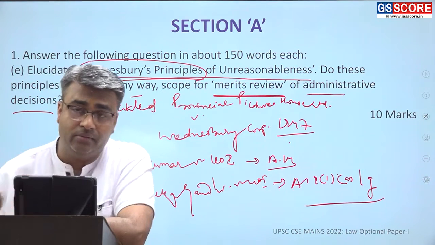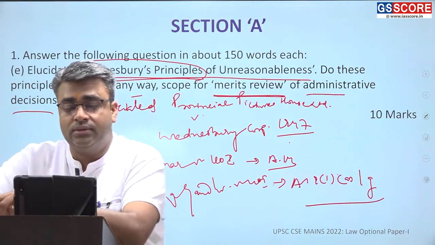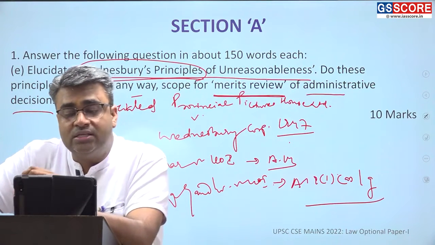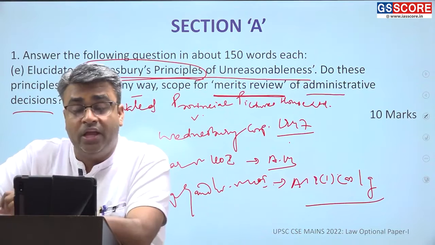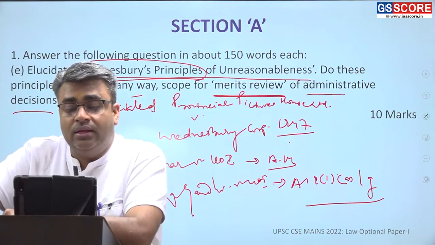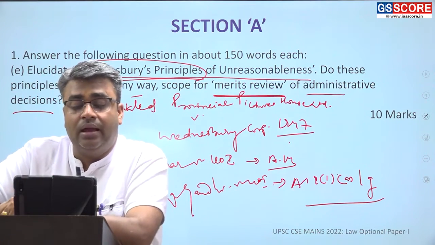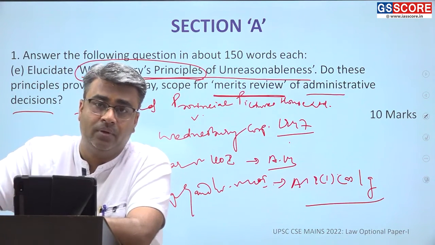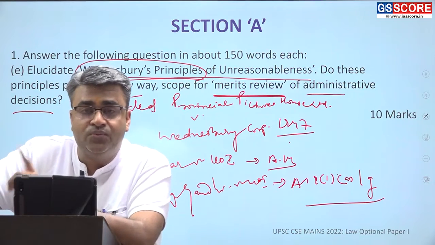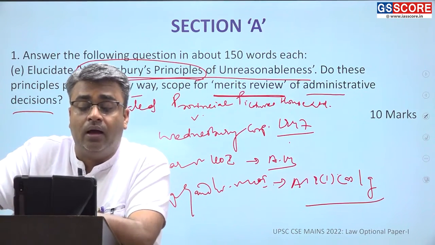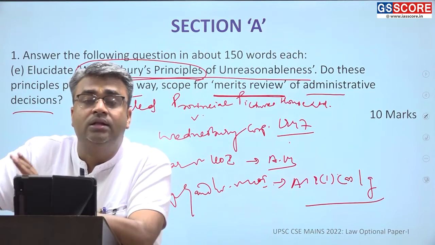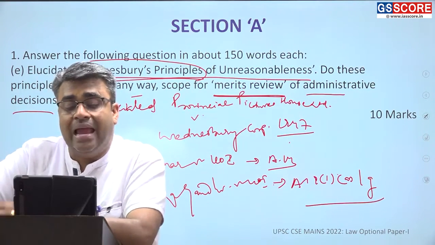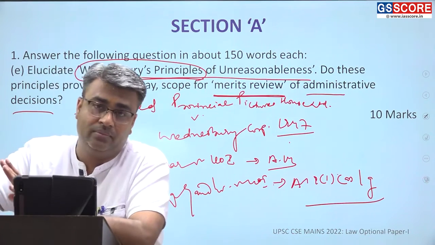I repeat once again, the ultimate crux is: a decision is Wednesbury unreasonable if it is so unreasonable that no reasonable person acting reasonably could have made it.